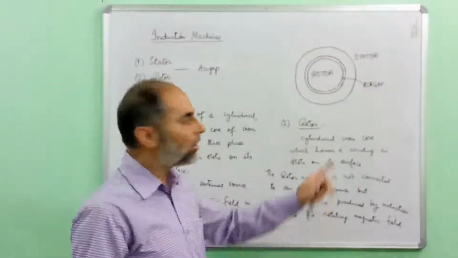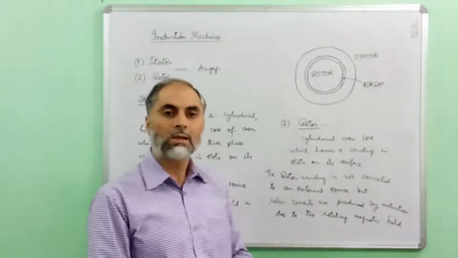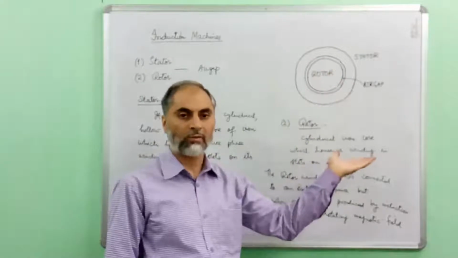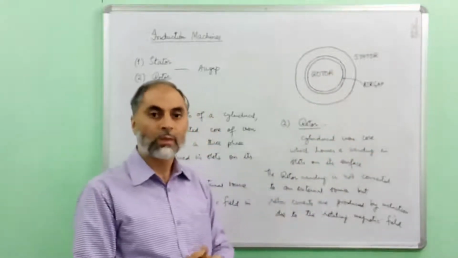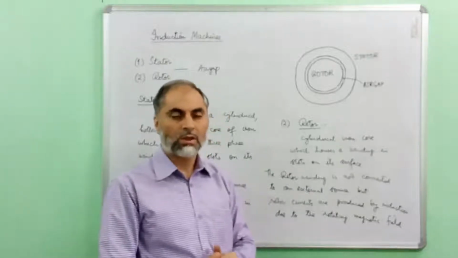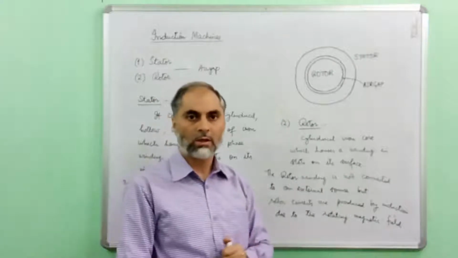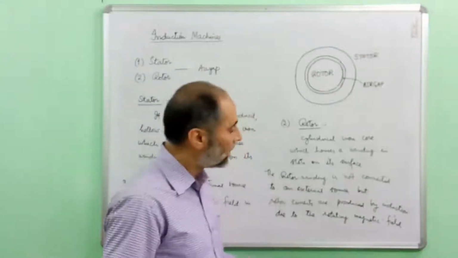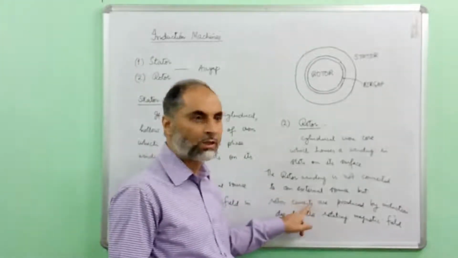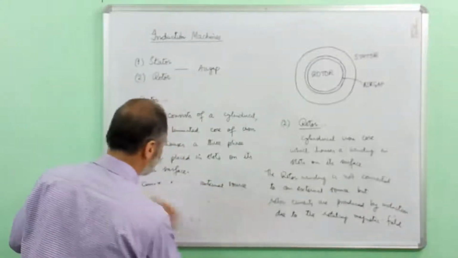The interaction of the rotor currents with the rotating magnetic field results in production of a torque in the direction of the rotating magnetic field. We'll discuss this in more detail later. We'll see that the direction of the torque produced is the same as the direction of the rotating magnetic field. Now, since the currents in the rotor are produced due to induction, that's why the name induction machines for this class of machines.